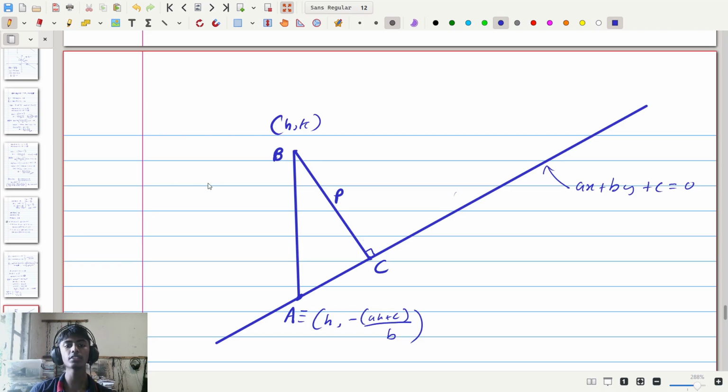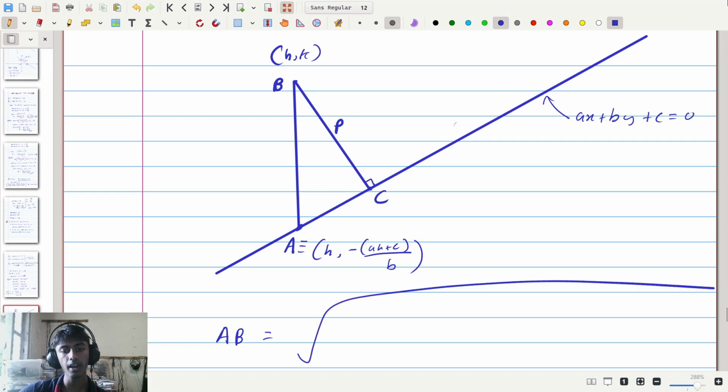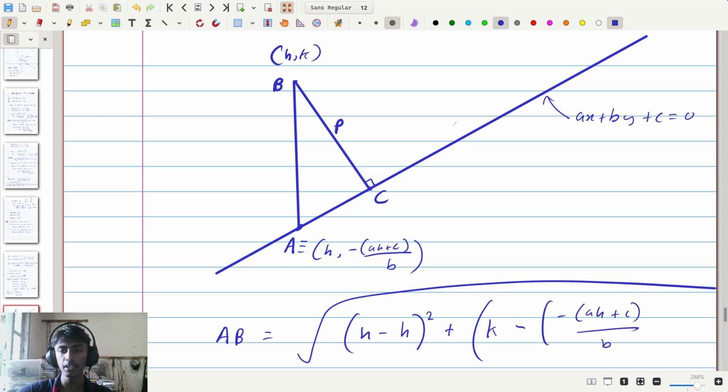Now then, consider the distance AB. The distance AB from the Cartesian coordinates we know is going to be equal to the square root of the square x coordinate differences and the square y coordinate differences added together. In terms of x coordinate differences, we have (h minus h) squared, which is going to be 0, and then the other part, which is the y coordinate differences, I'm going to write as k minus the other coordinate, which is negative (ah plus c) divided by b, whole thing squared.